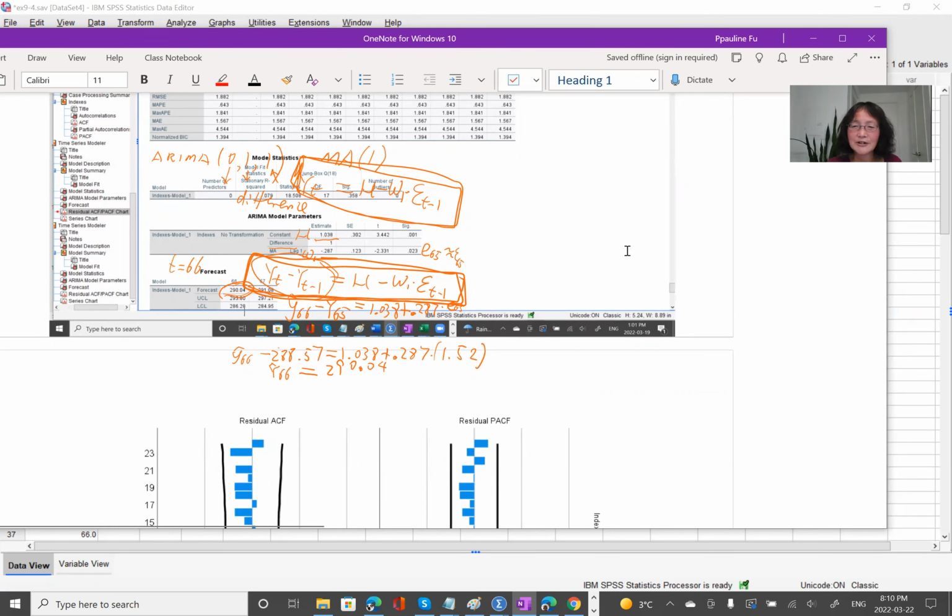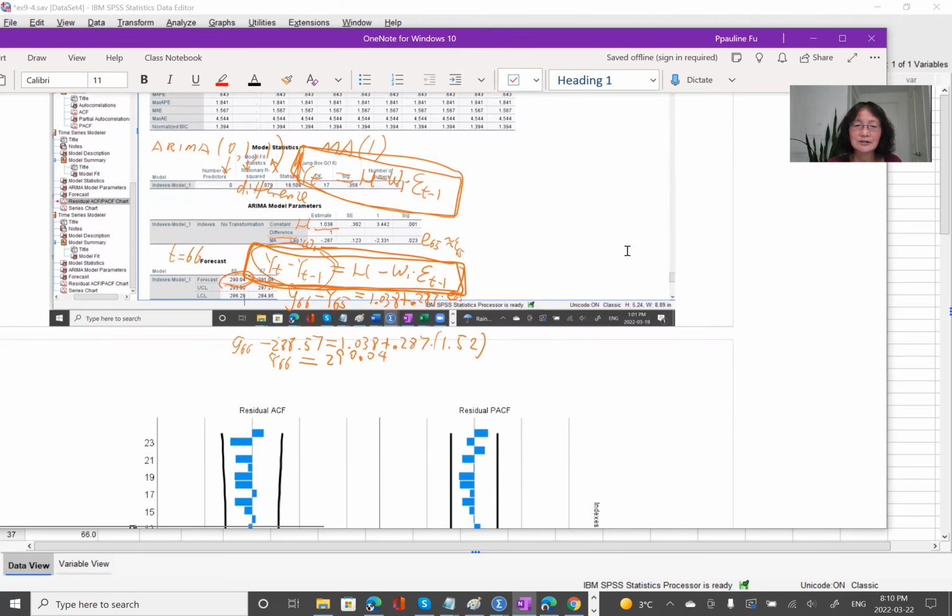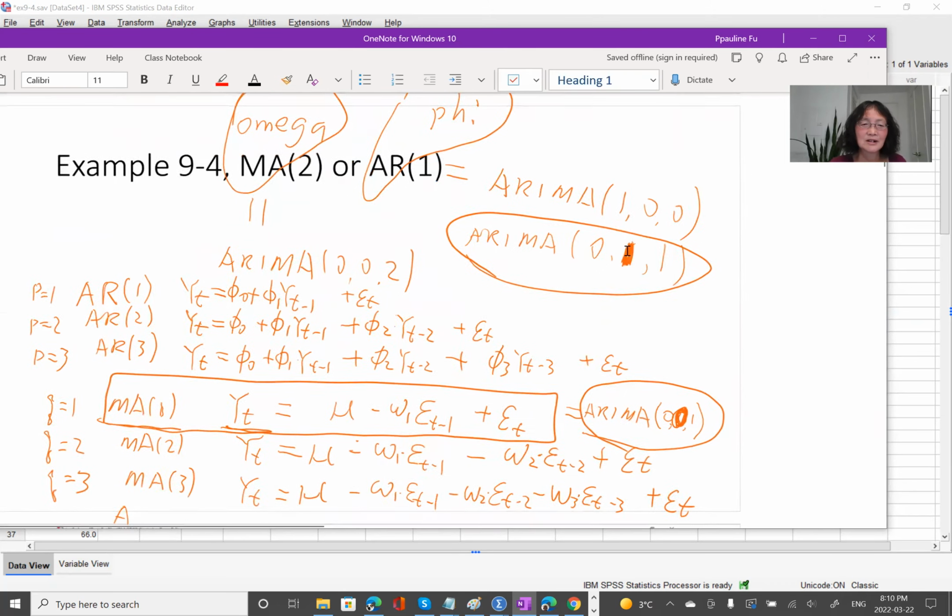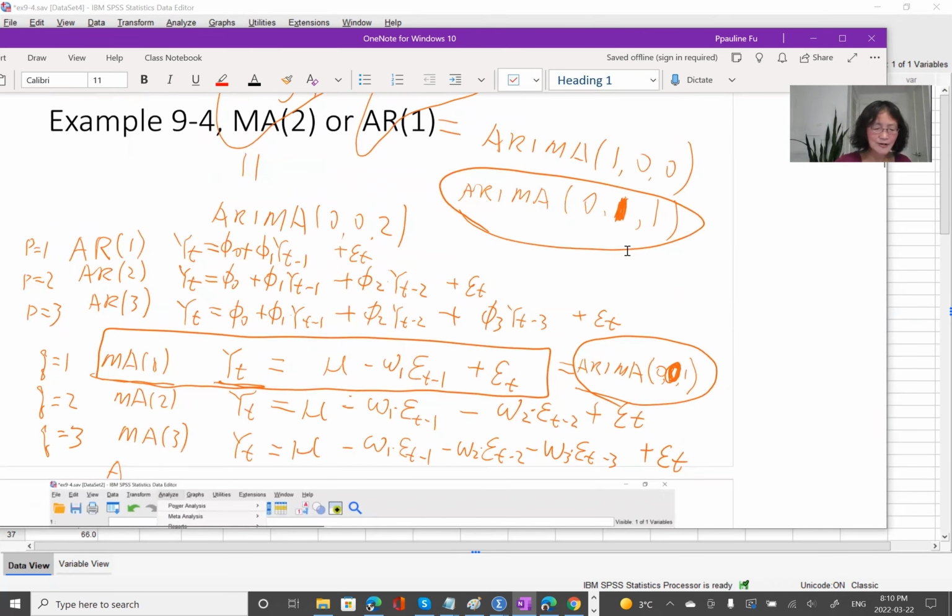I love your questions. Please ask questions. And make sure you understand everything I talked about here, those starting from AR1, MA1, etc. So I'm going to write down here because they are on the same page. What is the model for this one?